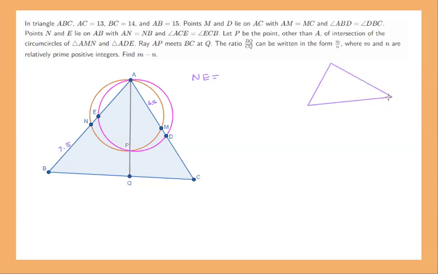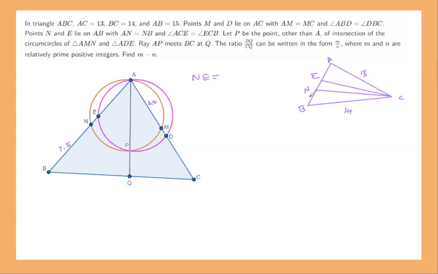So let's say this is my triangle, right? So if I try the NE, I will say this is one of these, and this is the second one. So this is A, B, and E, and this is C. We know this is 13, and this is 14.